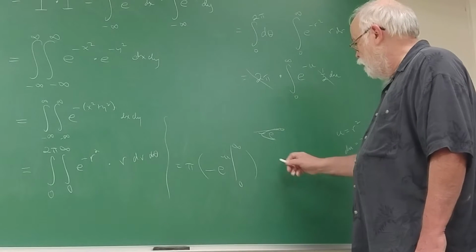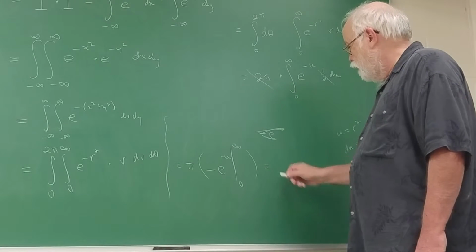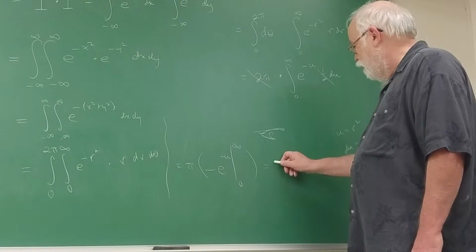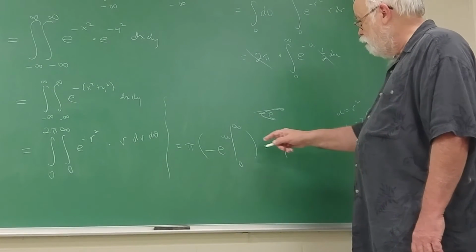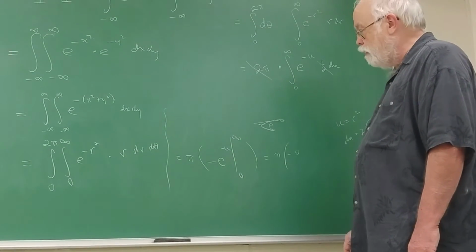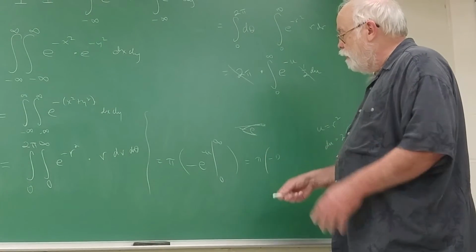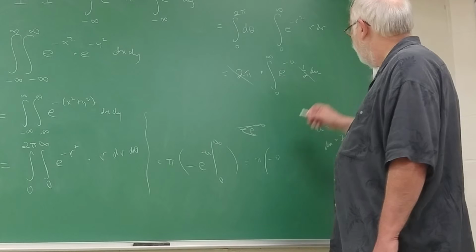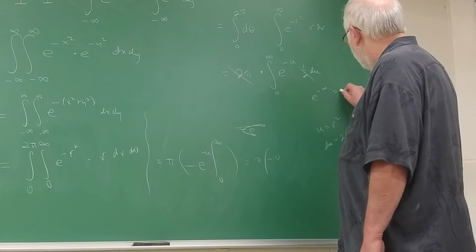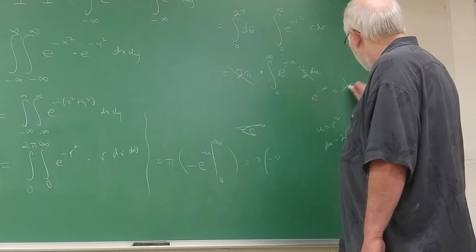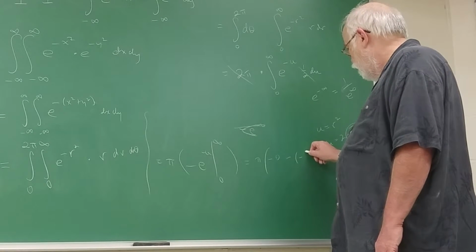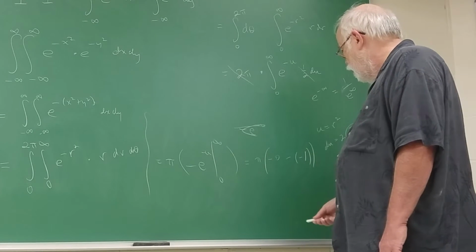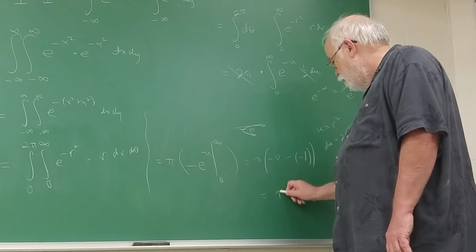So now I'm going to get 0 for the right end, the infinity, because it's e to a negative power, so it's 1 over e to the infinity. Minus negative e to the power 0. So it comes out plus pi.